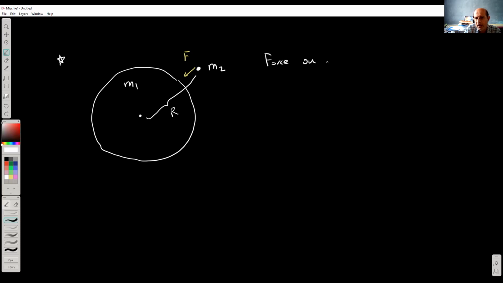Force on the object with mass M2 is equal to the gravitational constant times the mass of the big object, times the mass of the small object, divided by r squared. What's important in here is that this is proportional to M2.